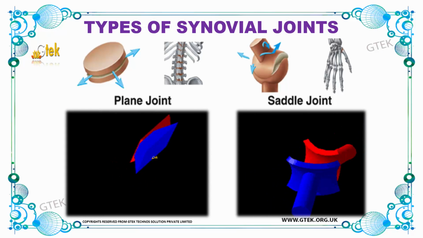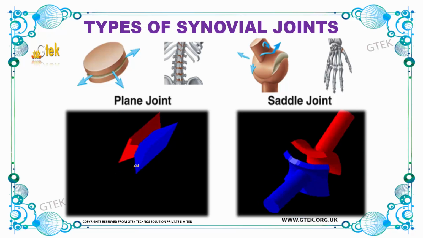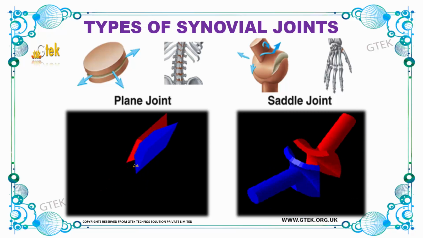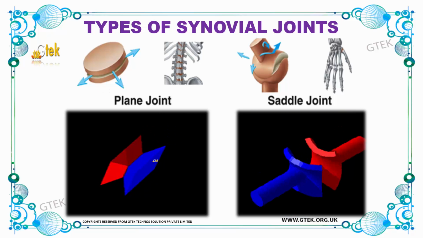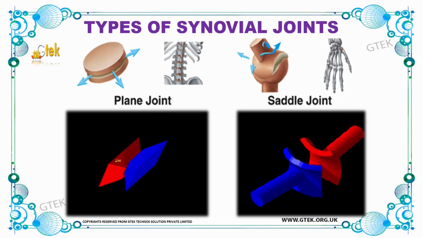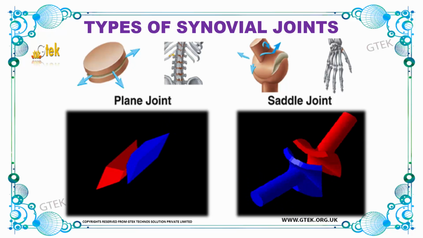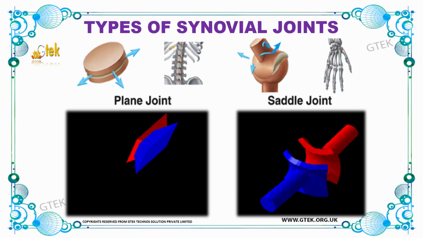So the plane joint has its movement like this, as two planes are joined. So the movement will be a flat plane movement. This can be found in your vertebrates.